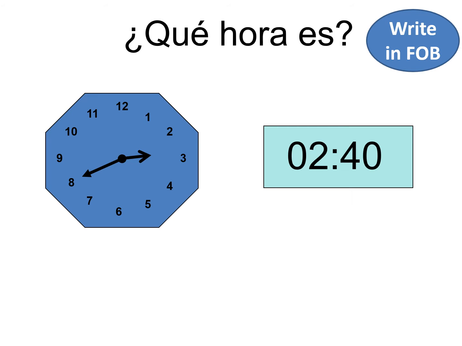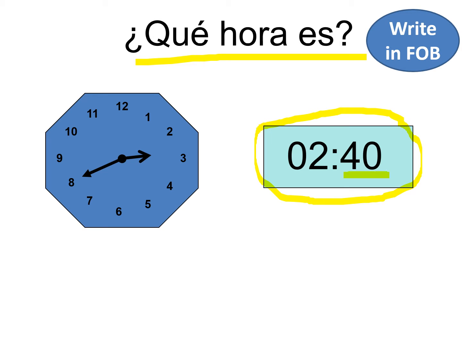Now that you know how to make the structure for the time to, can you answer the question, ¿qué hora es? ¿Qué hora es? Do you remember how to say 20 in Spanish? Following the structure, first we mention the o'clock time, then menos, and now we have to say 20. Can you say it?